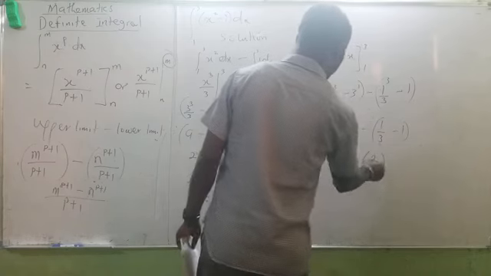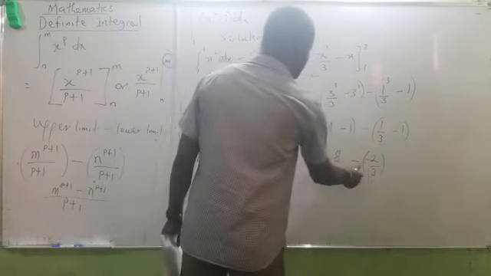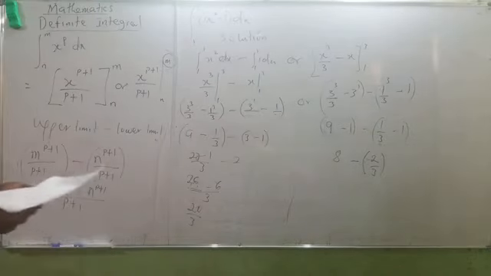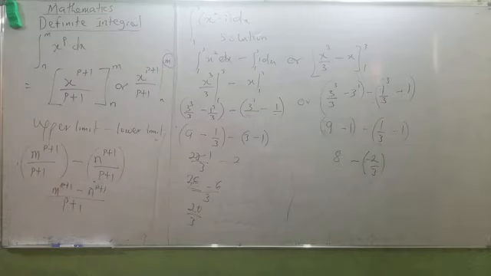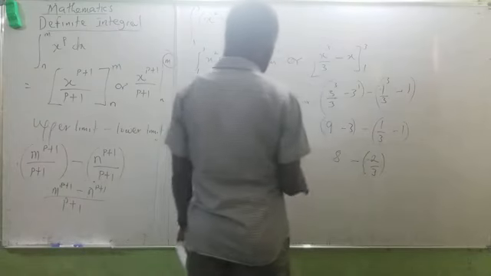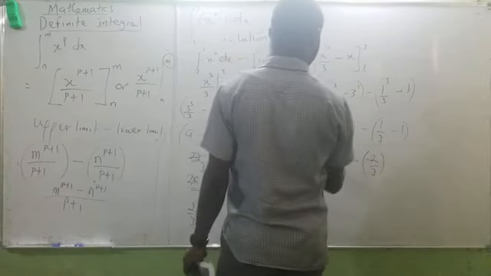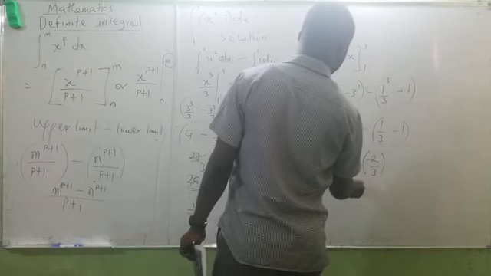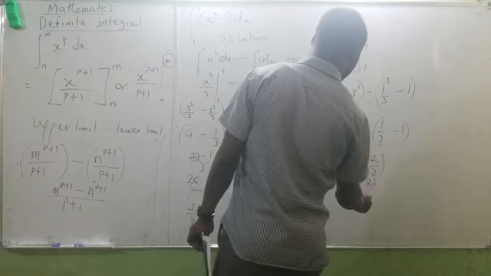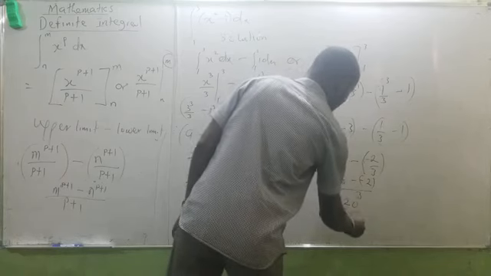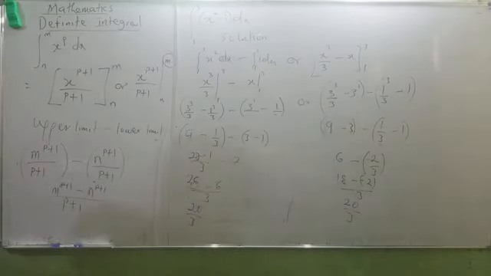Hope I'm not making any mistake. Oh, okay, this is going to be minus 3. I'm so sorry about that, I lost that 3. Here will be 6, here will be 18 minus 20 divided by 3, which I'll be having 20 all over 3. Can you see they are the same thing? These are the things you need to understand here.